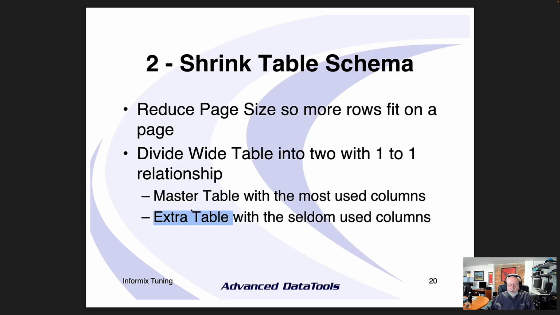And put all your columns that are seldom used in that extra table. And the master table should have everything you need to do your daily operations, like billing. It will need the address. It will need flags that you may use for billing. The extra table will have comments and things that aren't so important to that. The idea is to get the master table small.